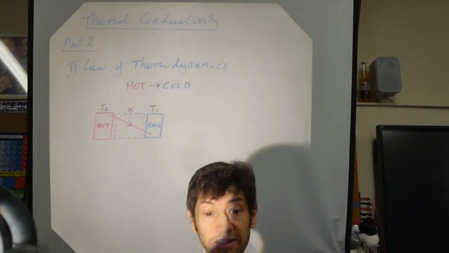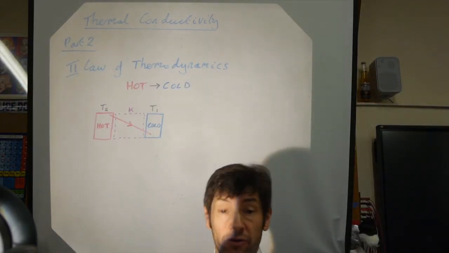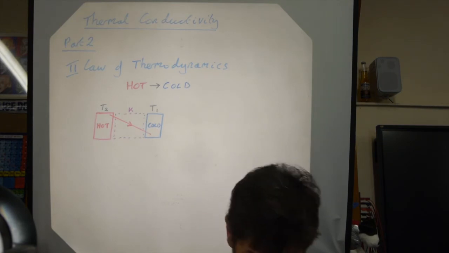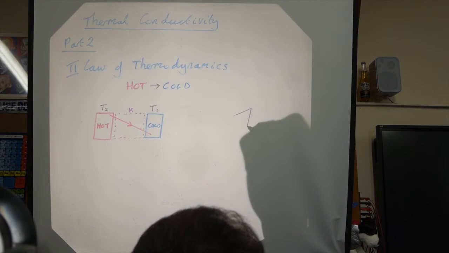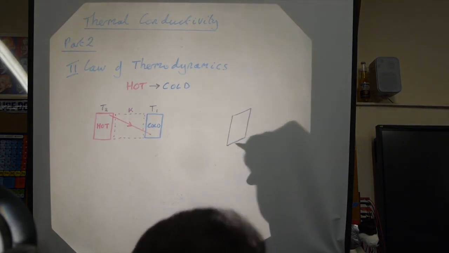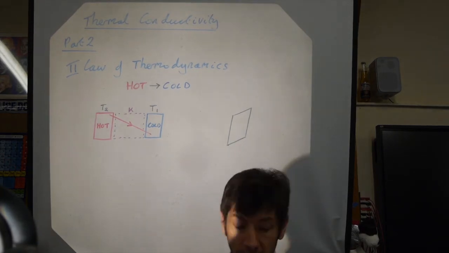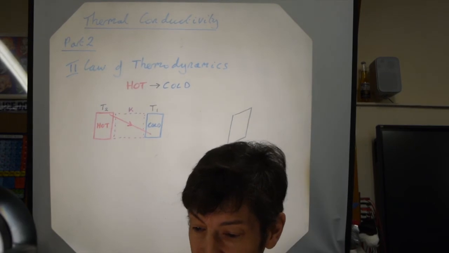Okay, so the next thing we need to look at is how much material area does the heat flow through. So I'm going to draw over here a section of building or a section of wall. Okay, and I'd like you to think of this side being the hot and this side being the cold.